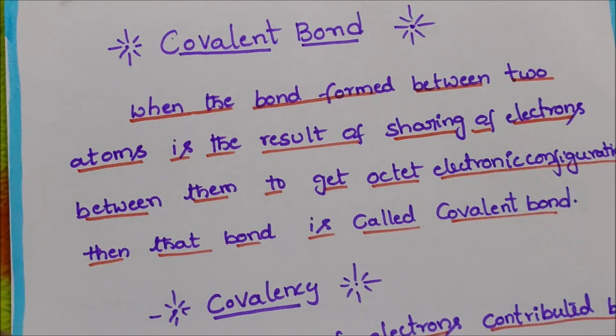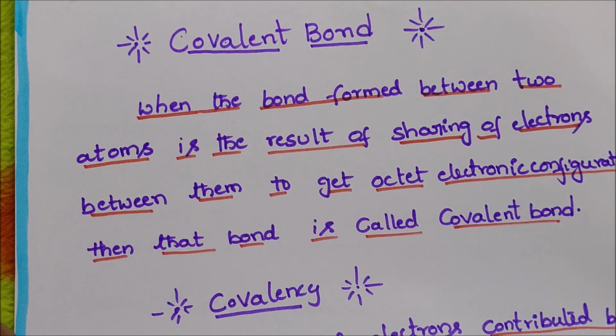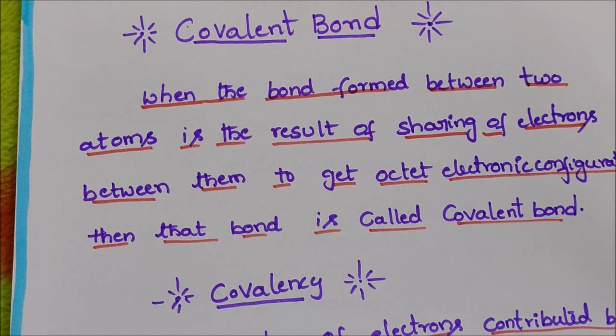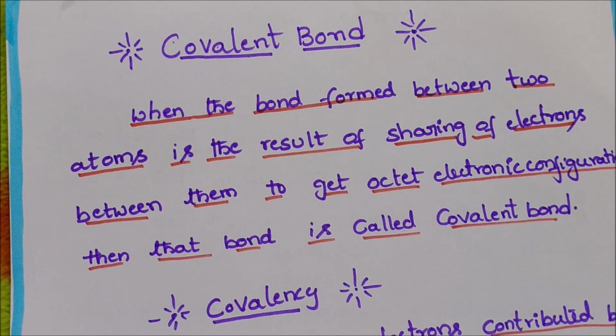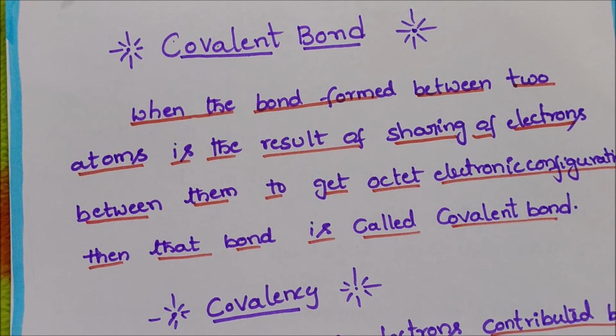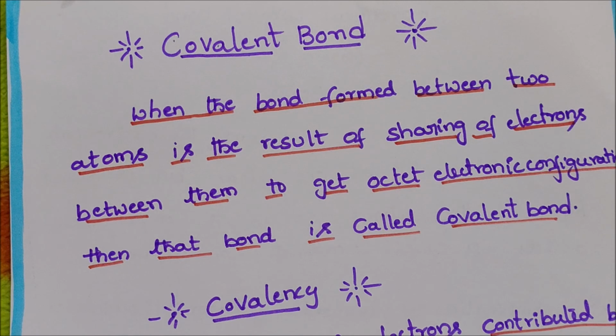These are the examples of covalent bond. What is covalent bond? When the bond formed between two atoms is the result of sharing of electrons. Sharing of electrons is called covalent bond, and transfer of electrons is called ionic bond. Now we discuss the characteristics of covalent bond. Covalent compounds are generally liquids or gases, with low melting and boiling points.